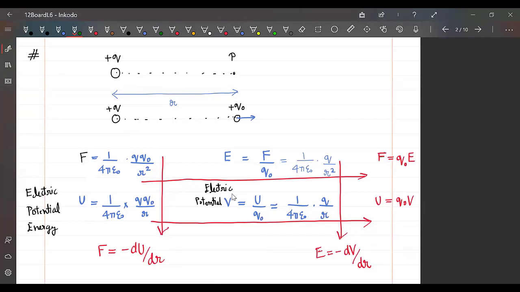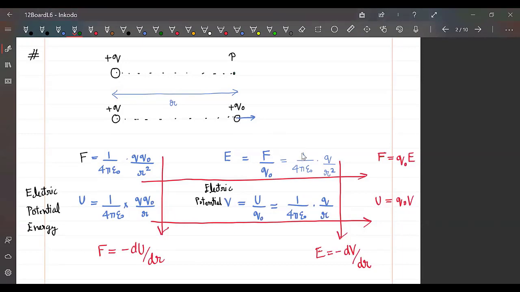And electric field and electric potential are defined for a single point. We need only a single charge to define them. So electric field due to a single charge q at a distance r away is the force per unit test charge. Here, let us say q naught is our test charge.